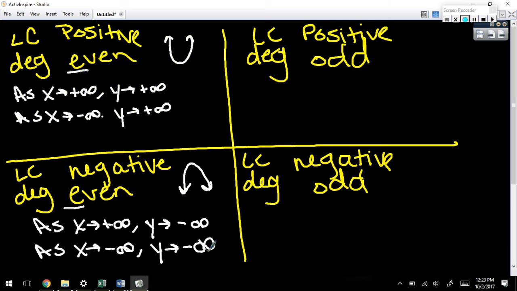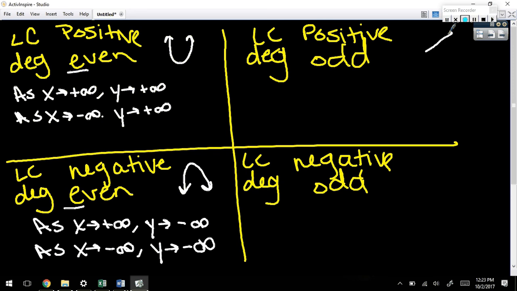If the leading coefficient is positive, the leading coefficient in a line is the what? The equation of a line looks like this. This is my leading coefficient because it's hooked to the x. So I'm describing the what? Slope. So I'm looking at a positive slope or a negative slope as examples.